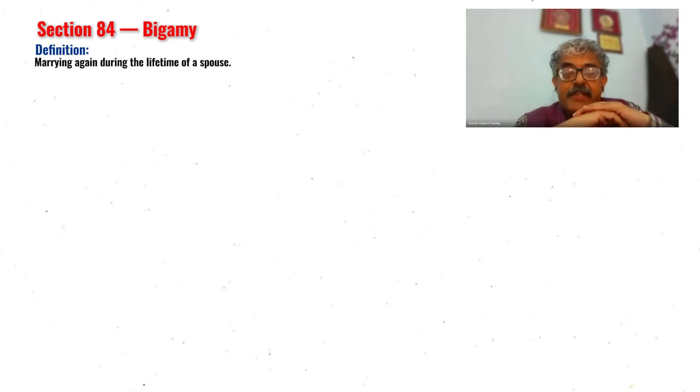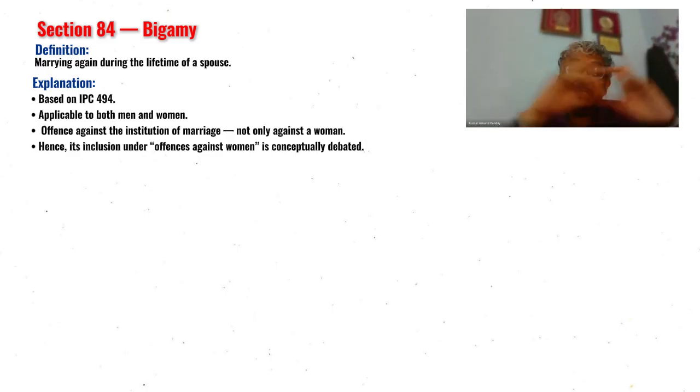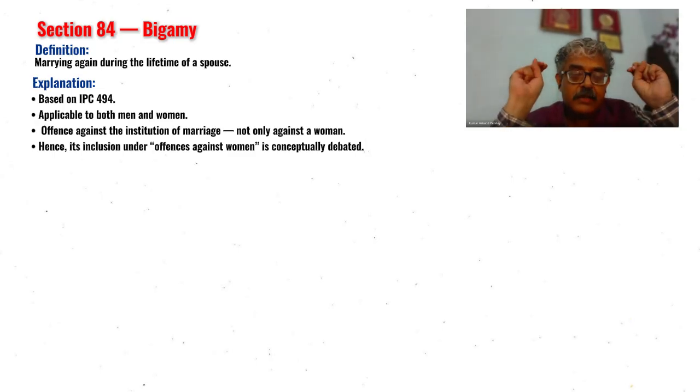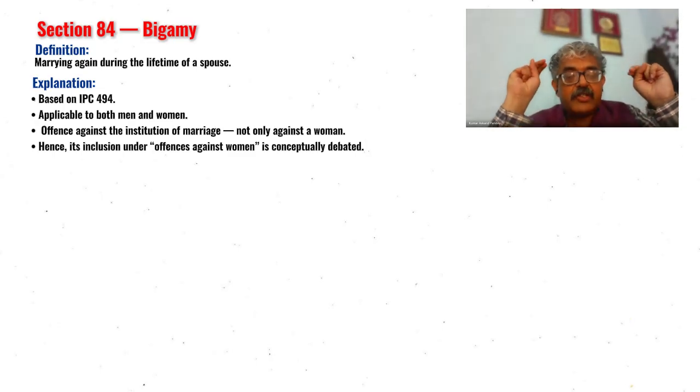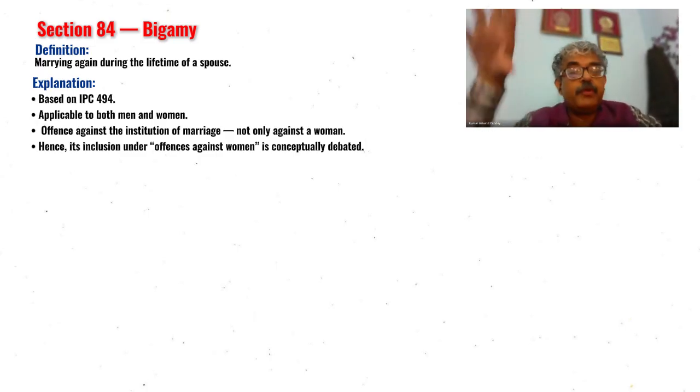Bigamy. Imagine the offence of bigamy. And recall the definition of bigamy in section 494 of the Indian Penal Code. Bigamy is an offence which the makers of the Indian Penal Code perceived and considered to be an offence against the institution of marriage and not as against an individual. Ultimately, an individual would be affected, of course.